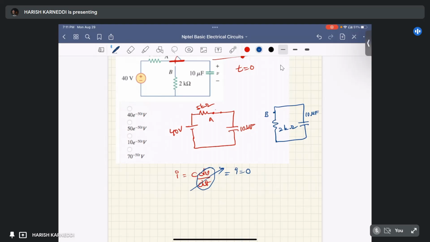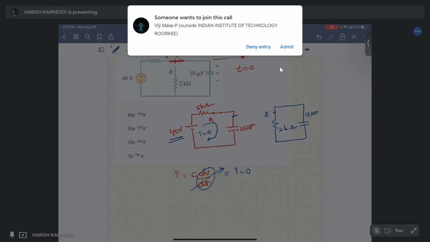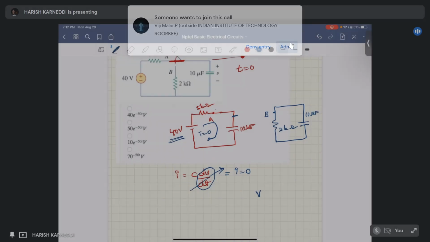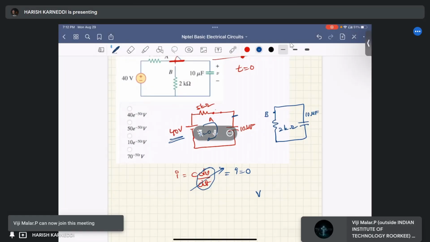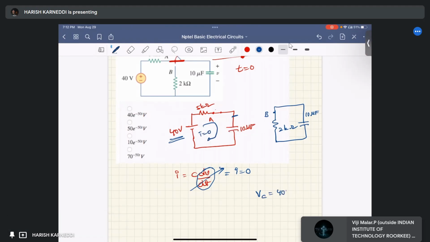What is the condition for I equal to 0? It means the potential at this point and the potential at this point should be the same. Then only the current flowing from 40 volts to this capacitor is 0. It means the capacitor is charged to 40 volts, right?